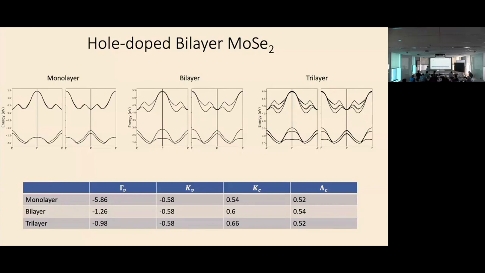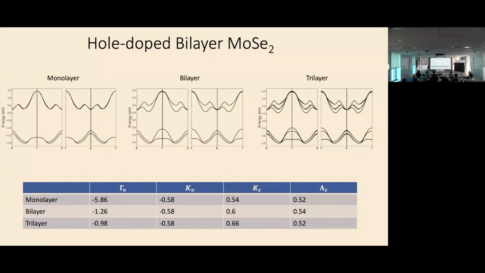And with transition metal dichalcogenides, we actually have different choices. We can have different monolayer transition metal dichalcogenides. We can also have bilayers, trilayers, and so on. Here I show an initial calculation of MoSe2 for monolayer, bilayer, and trilayer, looking at the effective mass for holes.